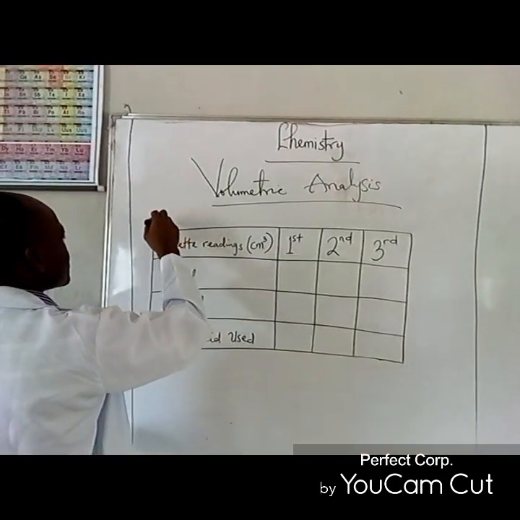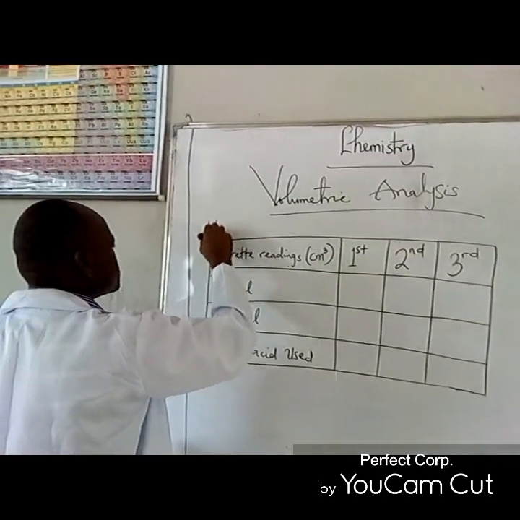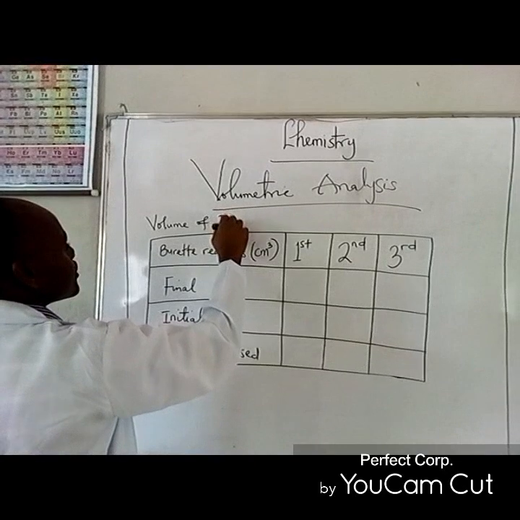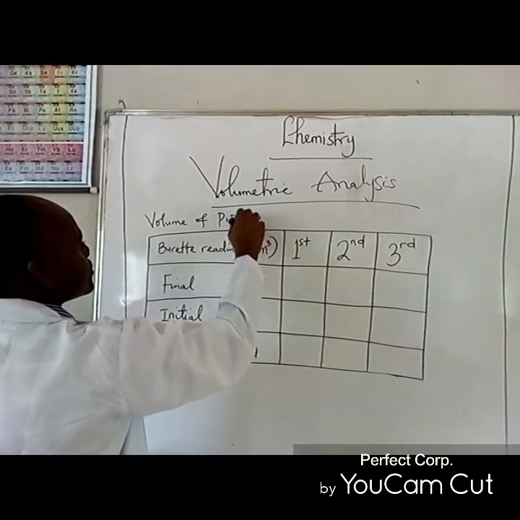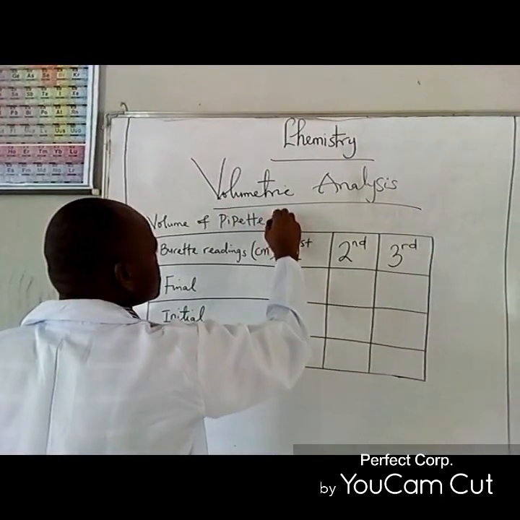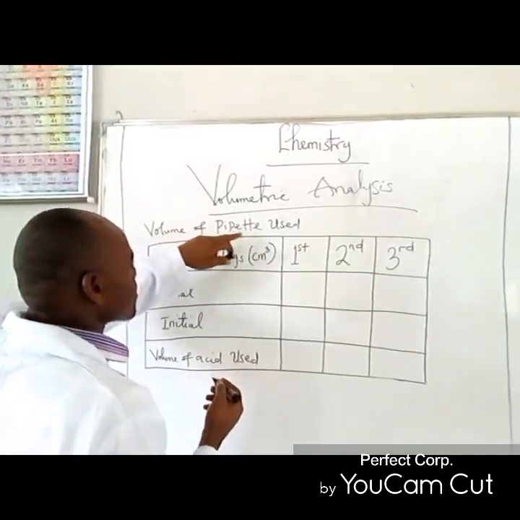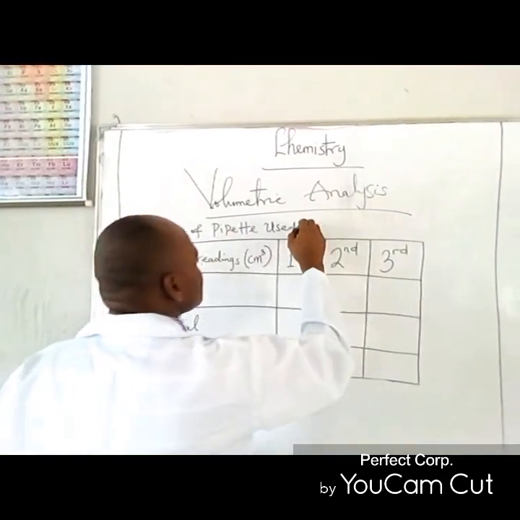Always record the size of the pipette that you will be using. So always write it: volume of pipette used. In some cases, you can use size of pipette used, still the same thing.